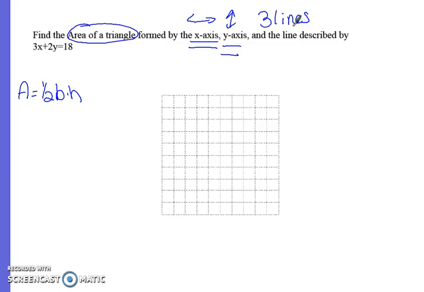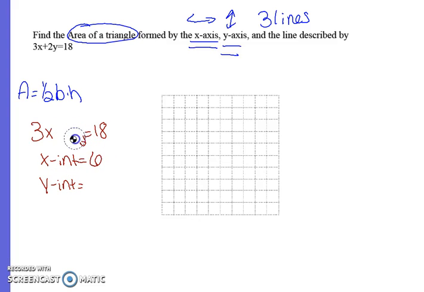So let's graph. Before I graph where my x and y axis are, let's do 3x plus 2y equals 18. Let's find the x-intercept and the y-intercept, and that's going to make our lives easier. Cover up your y, and my x-intercept, 18 divided by 3 is going to be 6.